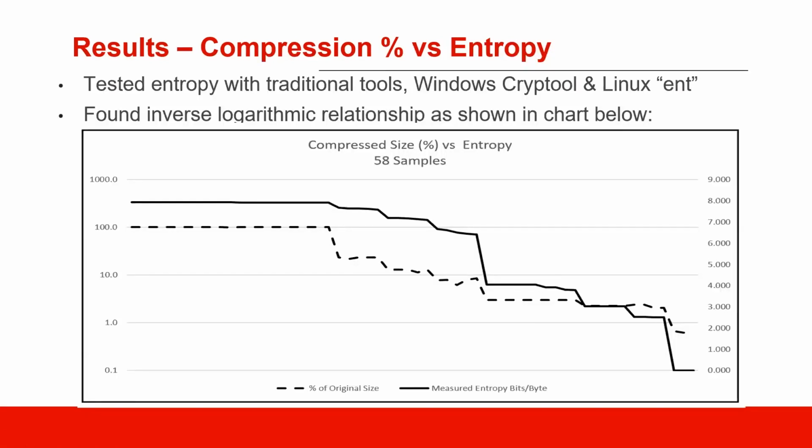And we were able to come out with the fact that the file-based compression using pkzip provides something that's directly related to the numbers for entropy. You can see the dashed line is how much smaller something gets when you compress it. It goes down to 1% of its size, to 10% of its size, 100% of its size. And here's the relation to the actual formal measurement from 0 to 8. So it tracks pretty well. We call this an inverse logarithmic relationship.